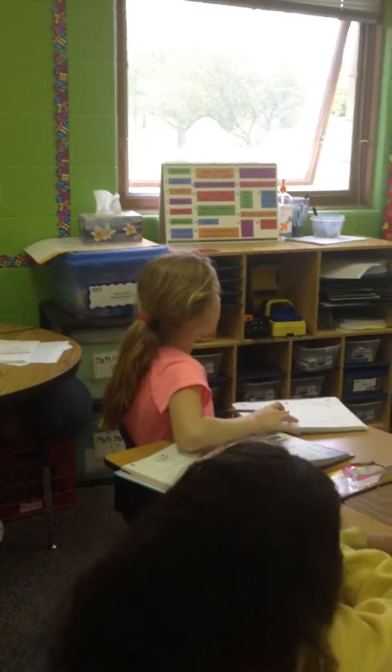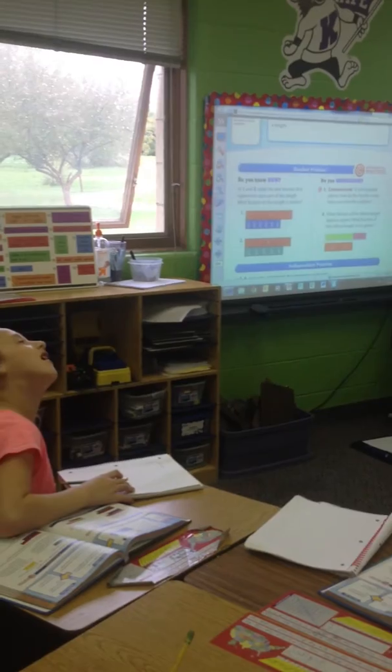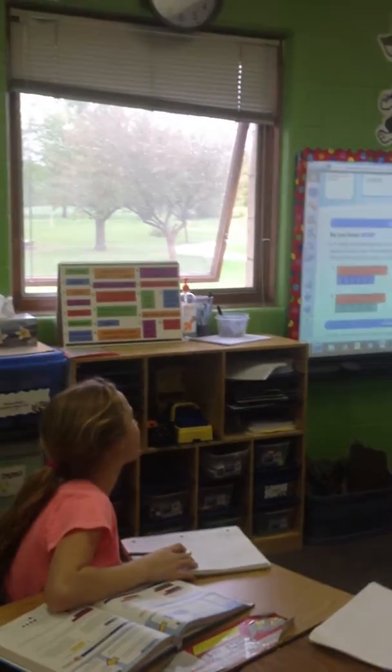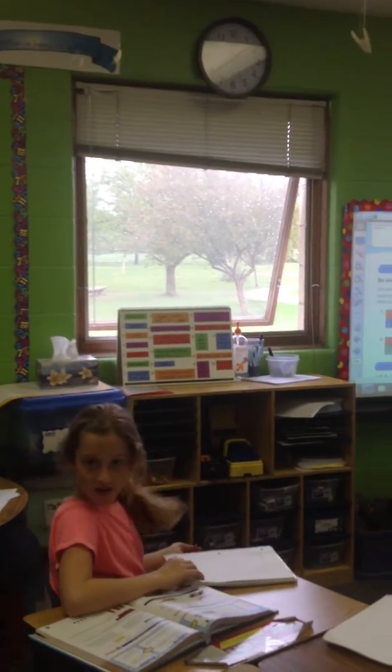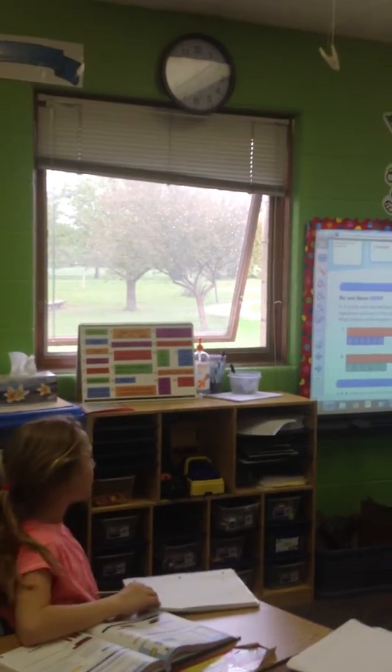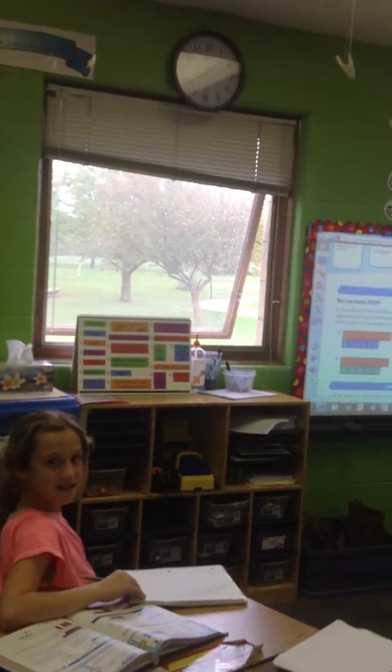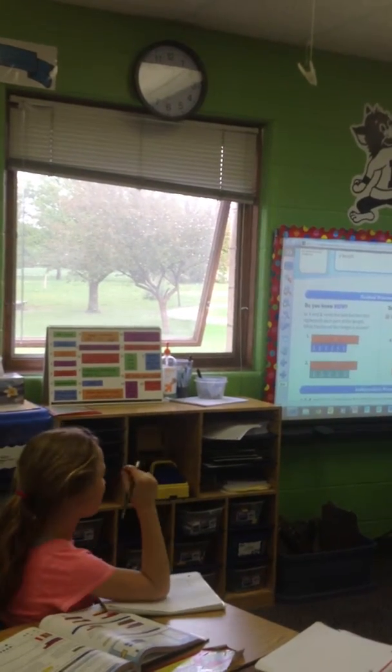What does that green portion make up? Ainsley, what fraction is that green altogether? Not 5/8. The green.